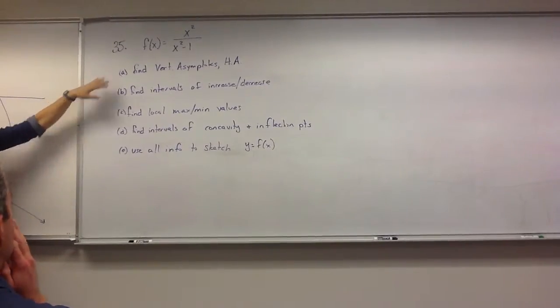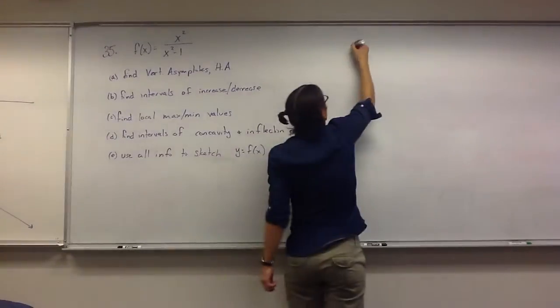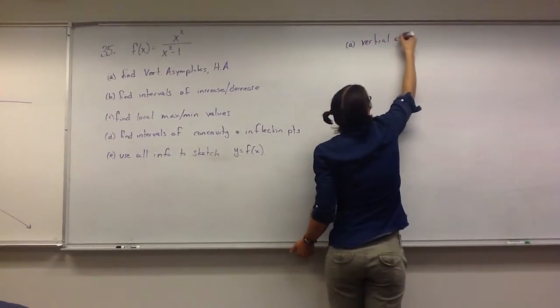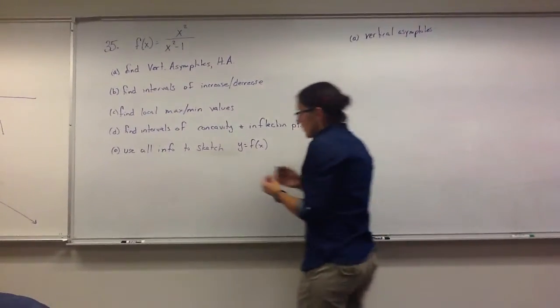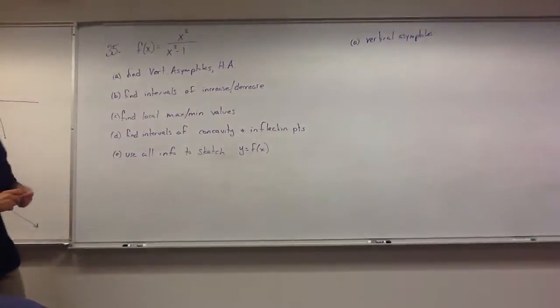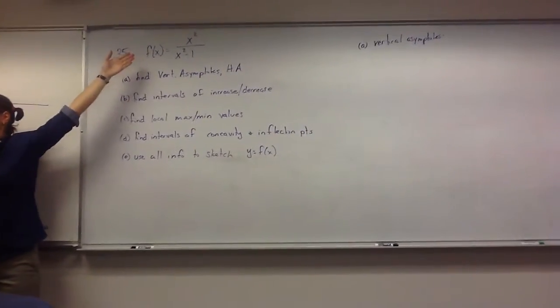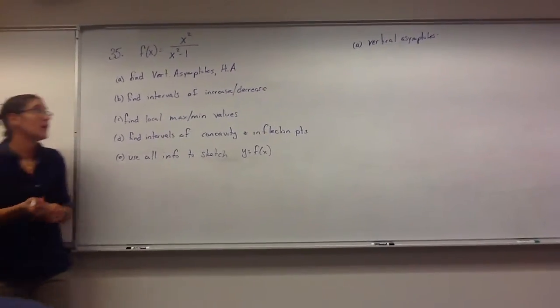So part A, finding the vertical asymptotes and horizontal asymptotes. For our vertical asymptotes, we are looking for places where our denominator is equal to 0, but where the numerator is not also equal to 0. If we had a 0 over 0, we'd have a hole in the graph rather than necessarily a vertical asymptote.